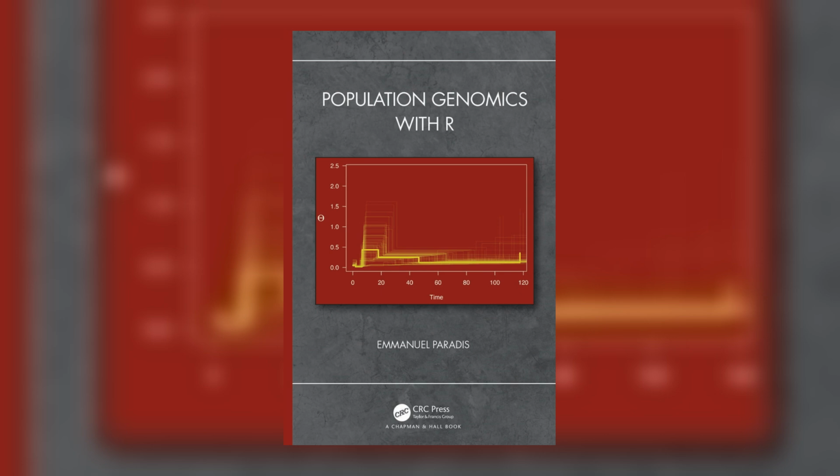Wright's own epigraph sets the chapter's problem. One scalar of F cannot hold it, so partition the heterozygosity deficit by level: individuals within a deme, written FIS, and demes within the whole, written FST. The levels are nested and multiplicative. 1 minus FIT equals 1 minus FST times 1 minus FIS.